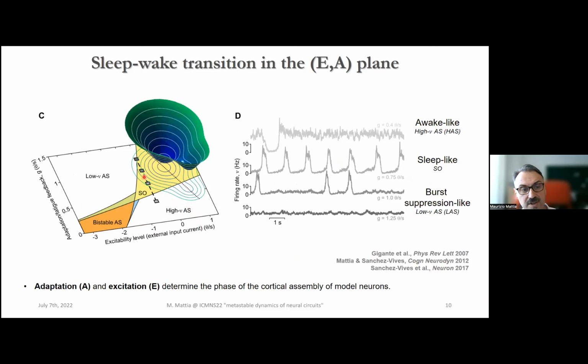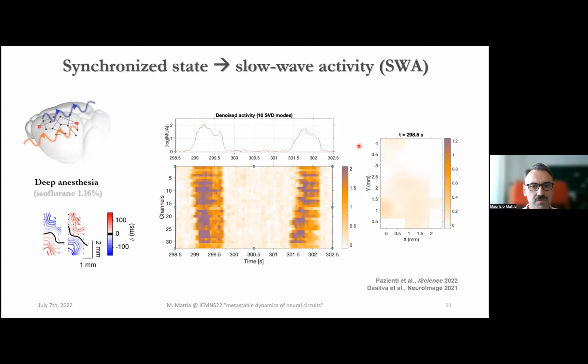For instance, simply by changing the strength of adaptation in this bifurcation diagram, you move from a burst suppression-like regime in which the activity is almost silent, and then as you reduce adaptation you start to see these sparse-in-time up states, then regular slow oscillation when the adaptation is weaker again, until you cross the border to a transition and a state reminiscent of the awake-like desynchronized state. So this is a very simple picture that captures all the richness offered by this state.